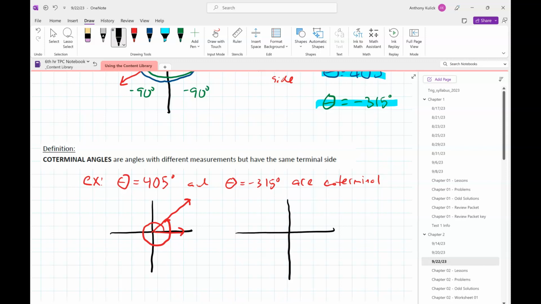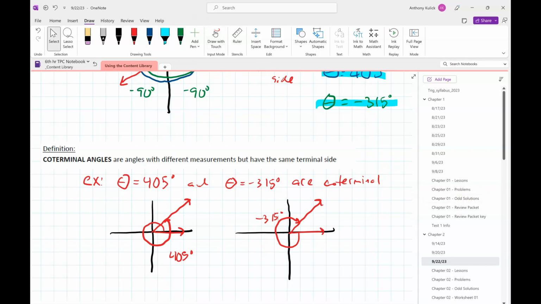When you guys are drawing these, do I need to see the little spiral thing that I'm doing here? Yes. Absolutely, yes. That's part of the drawing. So this one is the 405. That's the negative 315. Just to kind of illustrate to you why they are coterminal again.